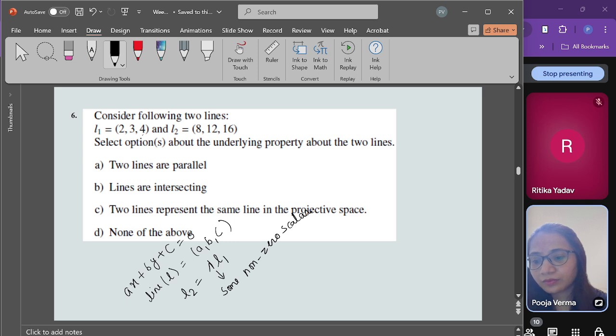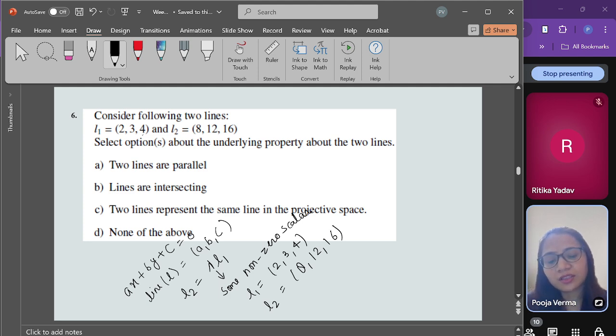So here L1 is given as 2, 3 and 4 and L2 is given as 8, 12 and 16. So is there anything common in these lines? If we take 4 common, we will get 2, 3 and 4, right?